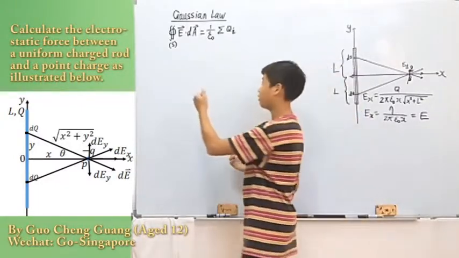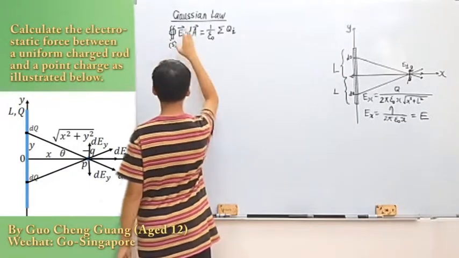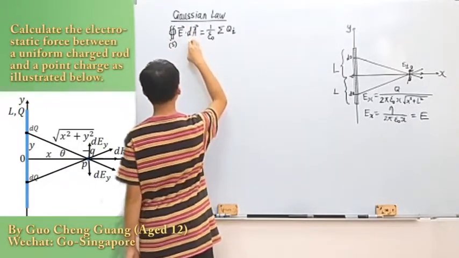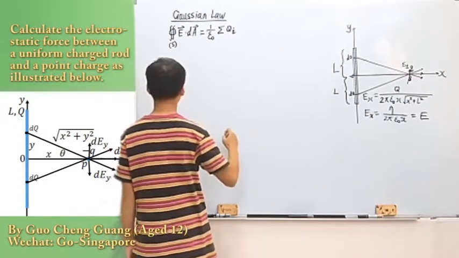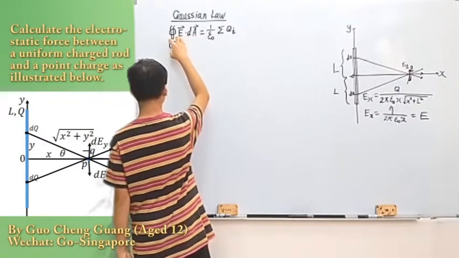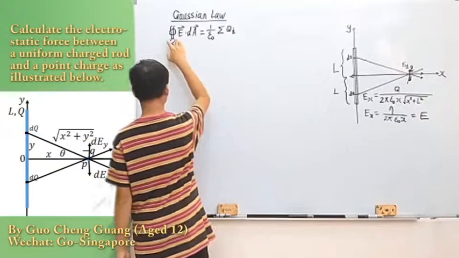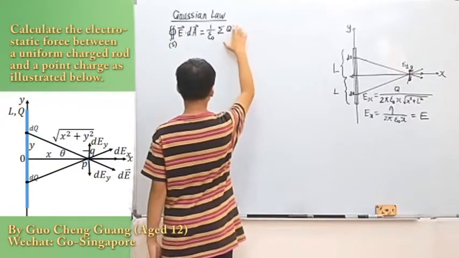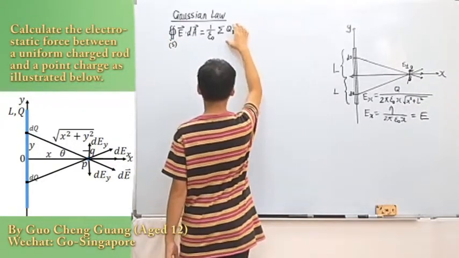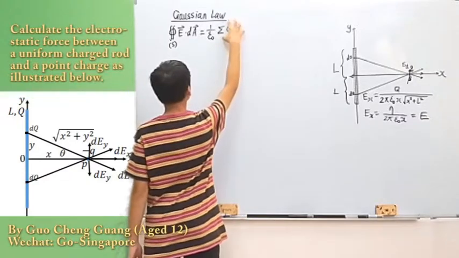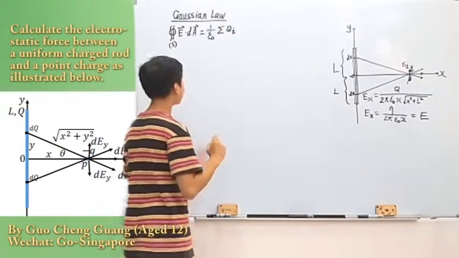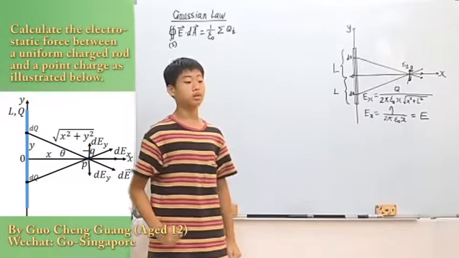So in all, it can become very long: it is the relationship between the flux of electrostatic field strength on, and in fact going through, the Gaussian surface, and the total charge inside or within the Gaussian surface.